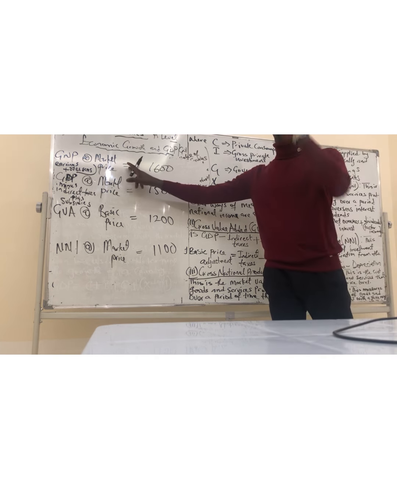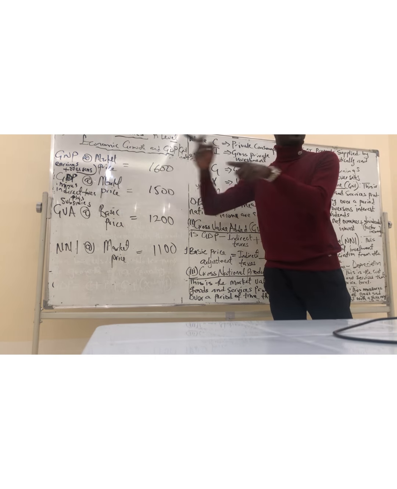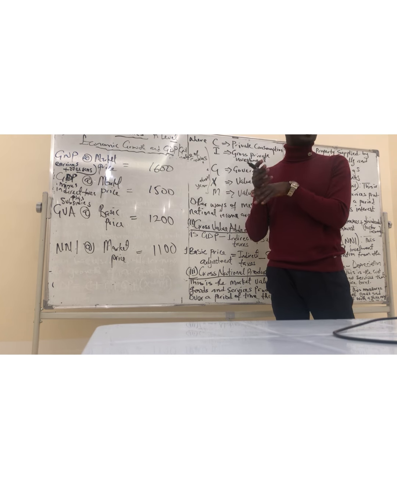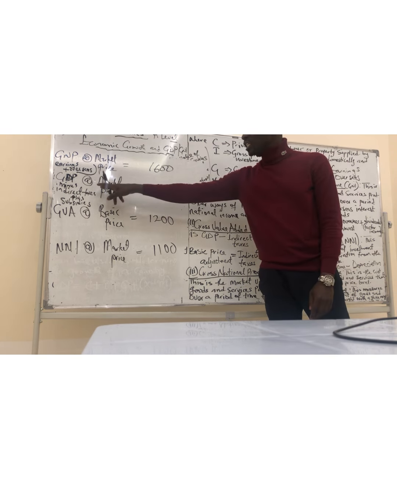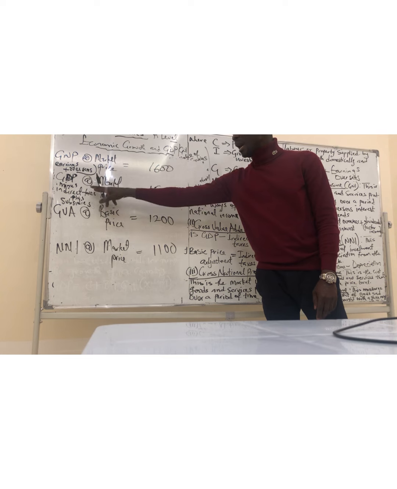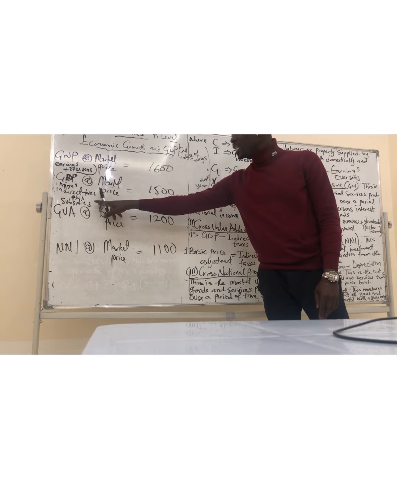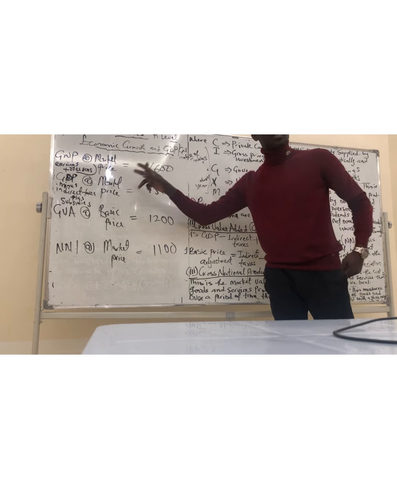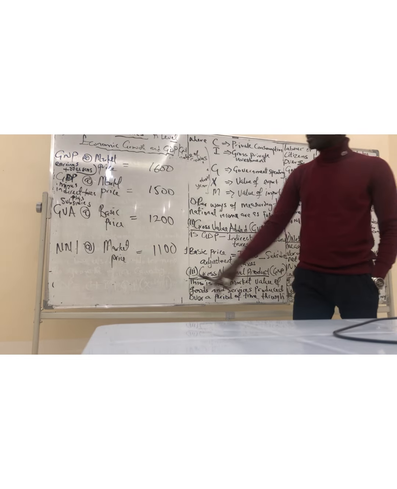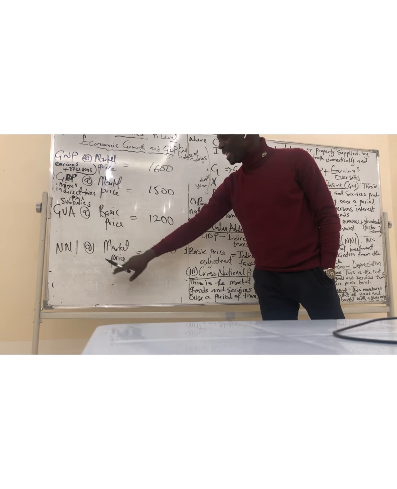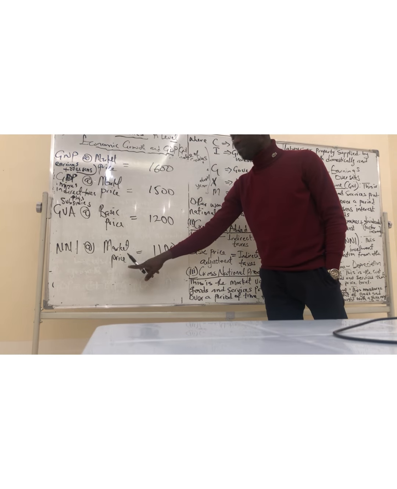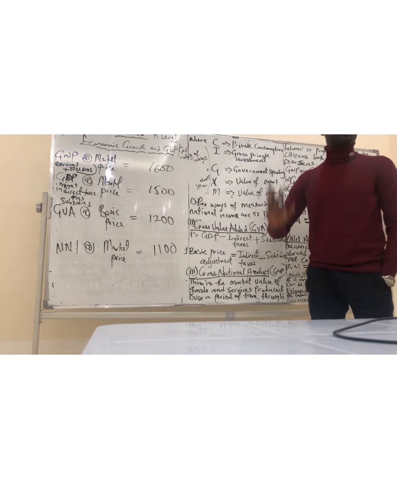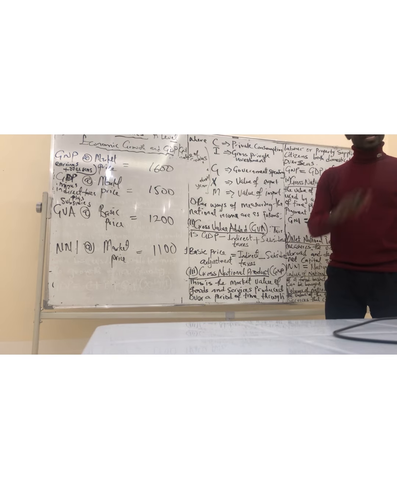The GNP is always at the top of the chart because you have to add your overseas earnings. Your GDP is above the GVA because the GVA is GDP minus indirect taxes plus subsidies. Your GVA is above the NNI because your NNI is the national income less your depreciation. So that's how the chart is.